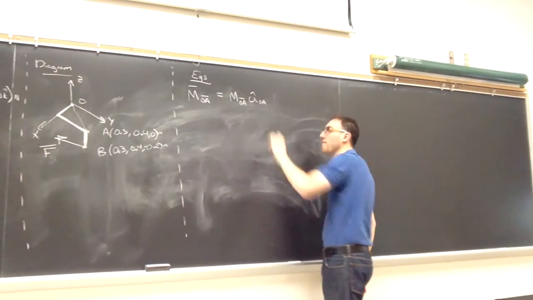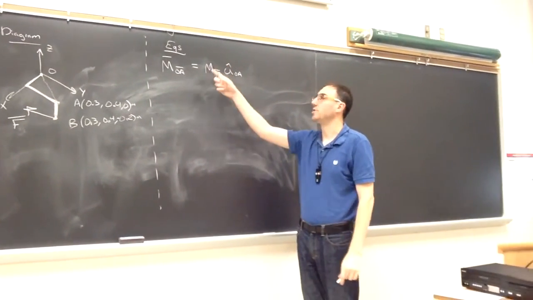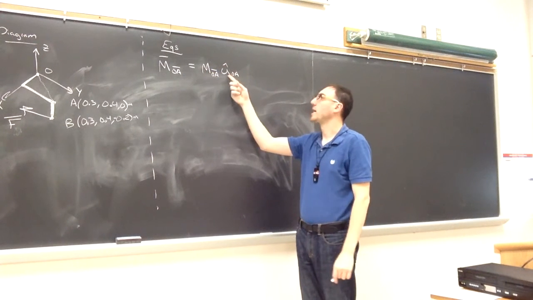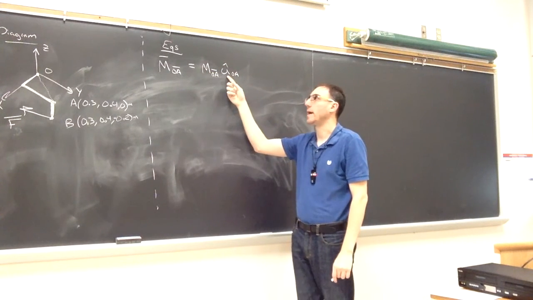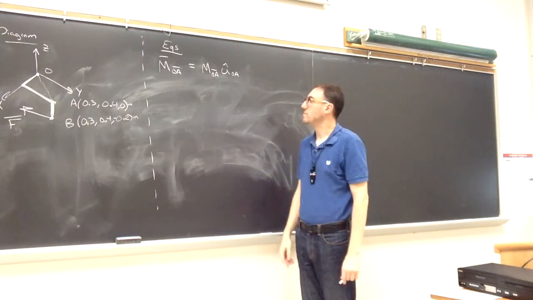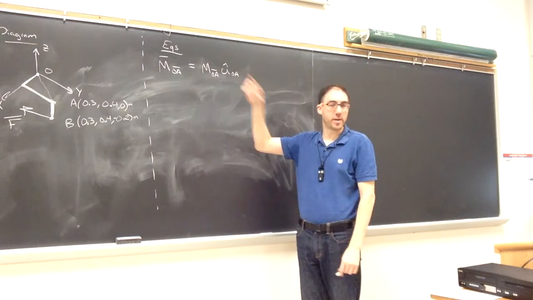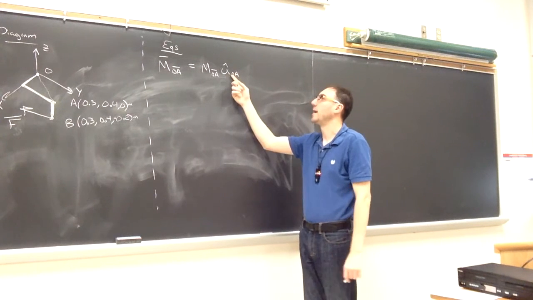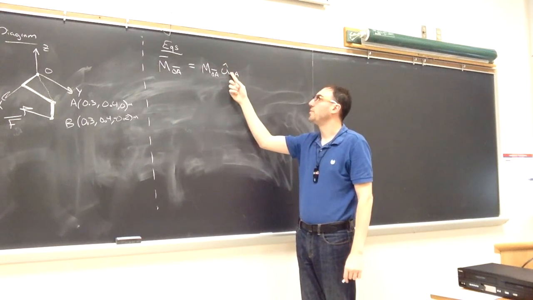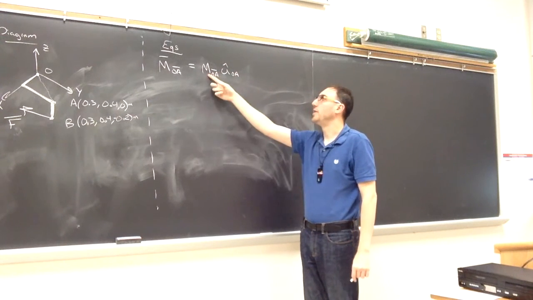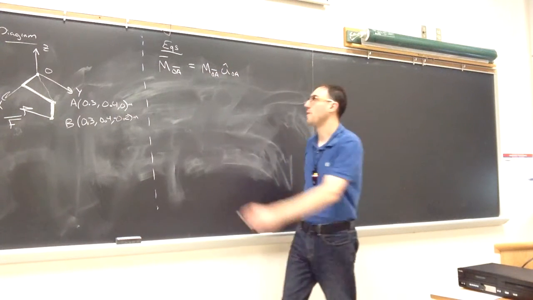From that previous slide, if I know the magnitude of the moment around OA, I can multiply it by the direction of OA to get this. We know how to find a unit vector. We don't know it currently, but we know how to find that. Before we do that, we need to find the magnitude of the moment around OA.